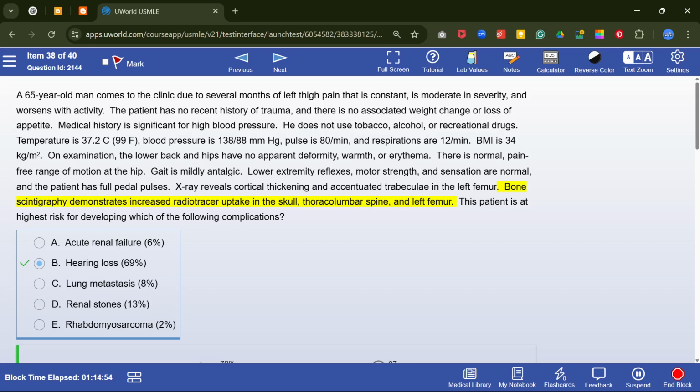So wait, Paget's disease, hearing loss can happen and high output cardiac failure can happen. Osteosarcoma can happen as a complication.